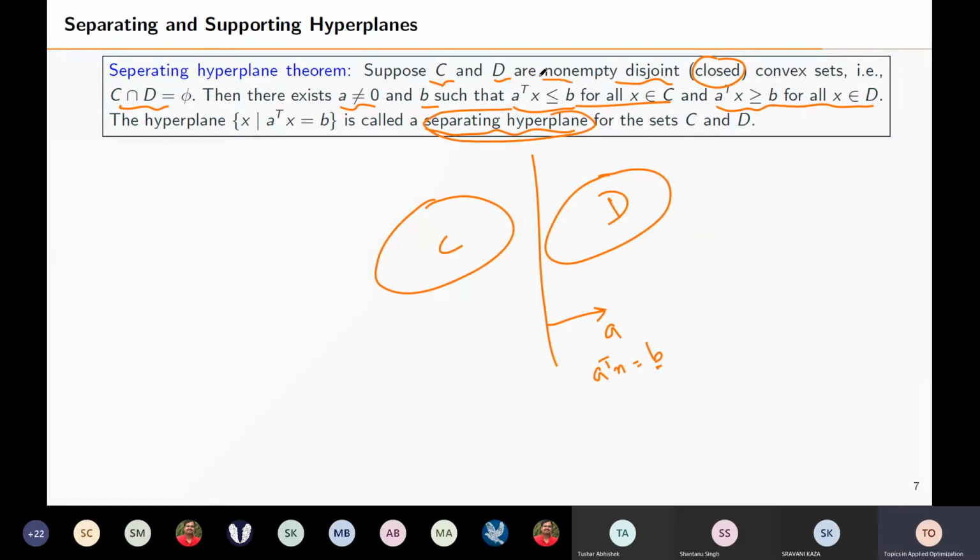This criterion written here is just to say that for any point in C, A transpose X will be less than or equal to B, because this will be the half space on this side.